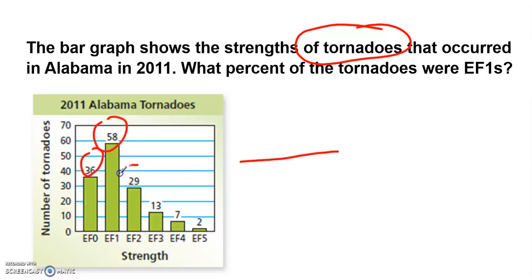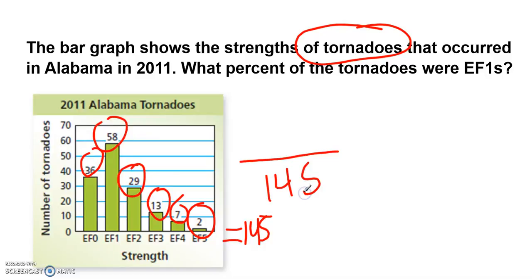I add all of these together and get that equals 145. Okay, so there was 145 tornadoes in Alabama in 2011, okay? All together. We want to know what percent, so we don't know, over 100.